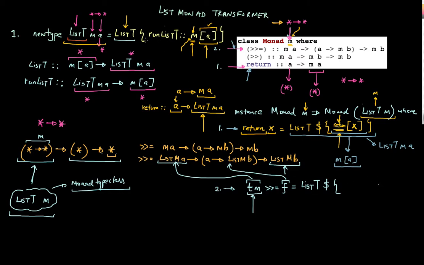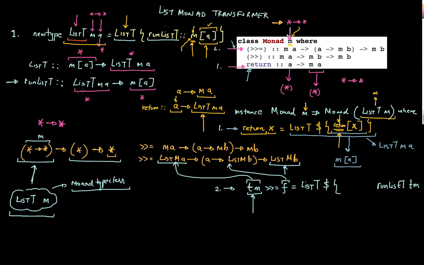If I invoke runListT, this in essence is going to start unwrapping the value of type list tma into this monadic value of m of list of a. So what I mean is, if I call runListT on tm, what does it do?